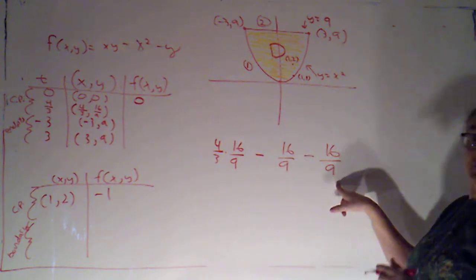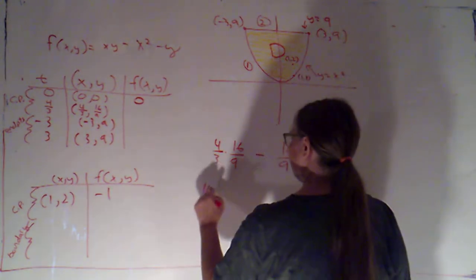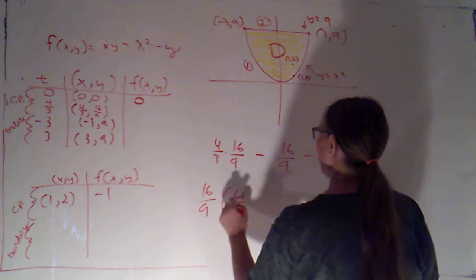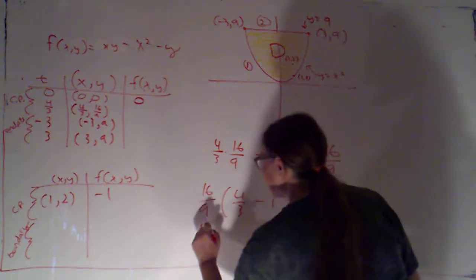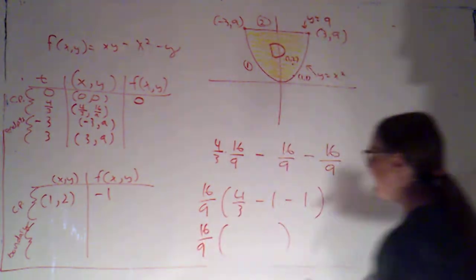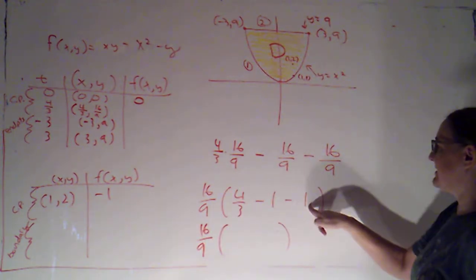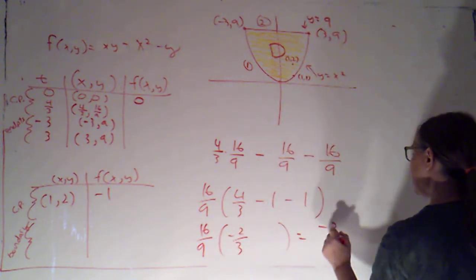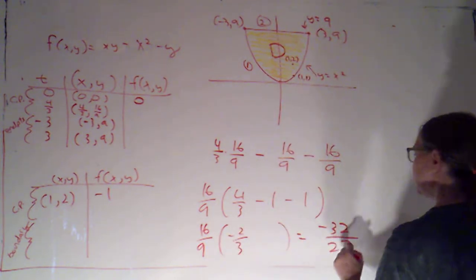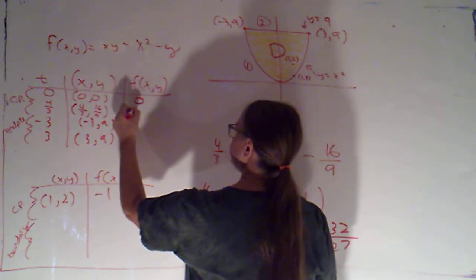I'm going to just factor out the 16/9. That's 16/9 times 4/3 minus 1 minus 1. Okay. So that's 16/9 times, let's see, that would be minus 6/3 times a negative 2/3. So I'm going to get negative 32/27.